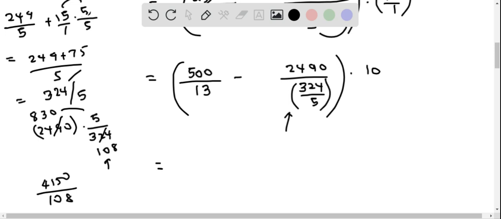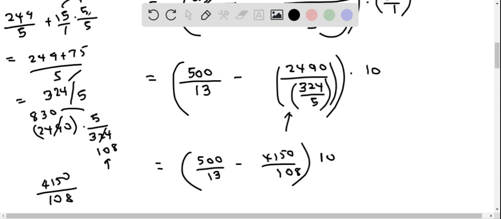So let me write this, that is 500 over 13 minus, we have simplified this, this equals 4150 over 108, and this has to be multiplied by 10.